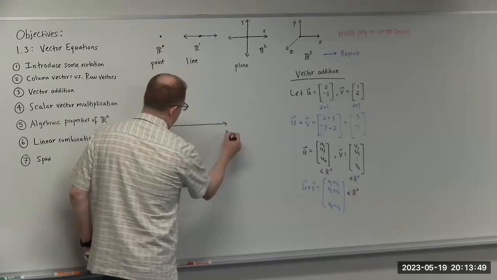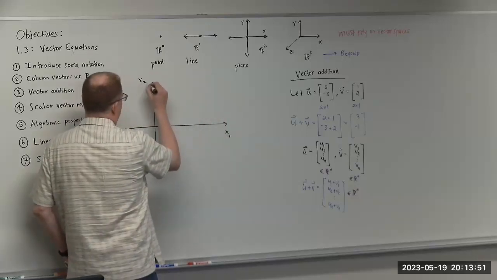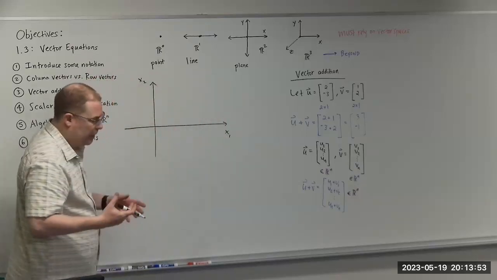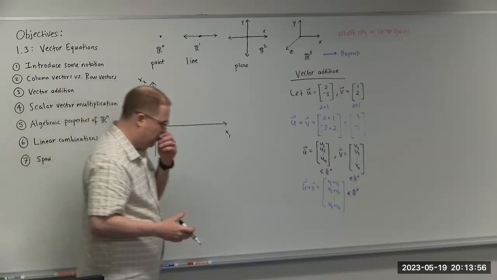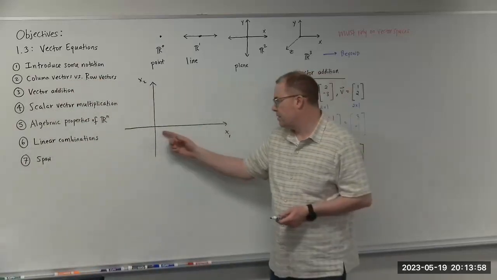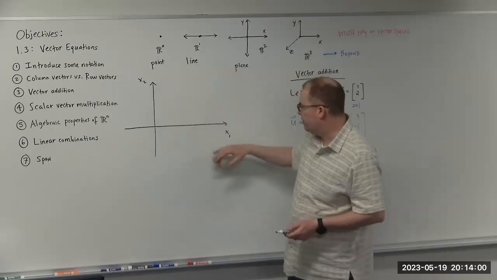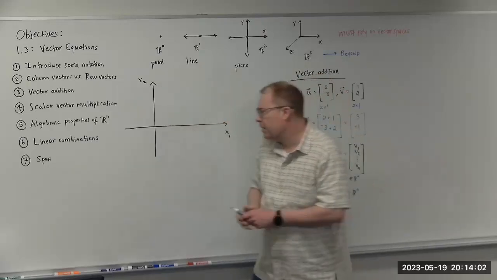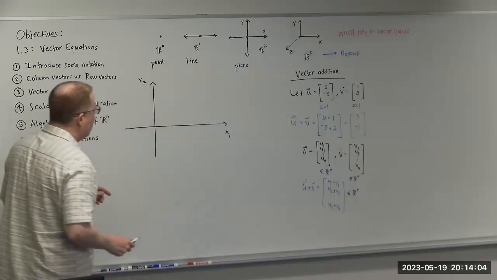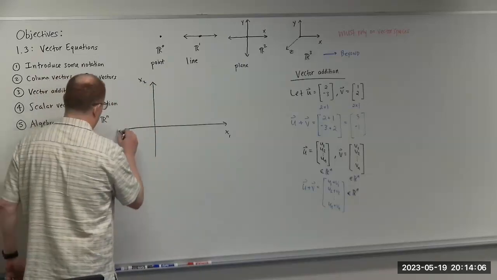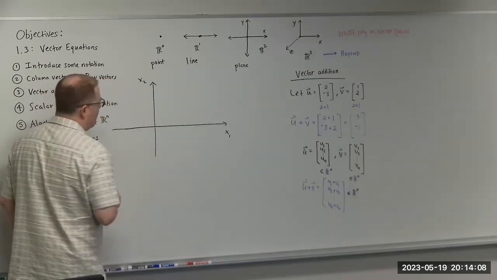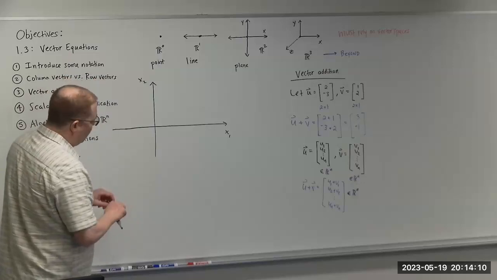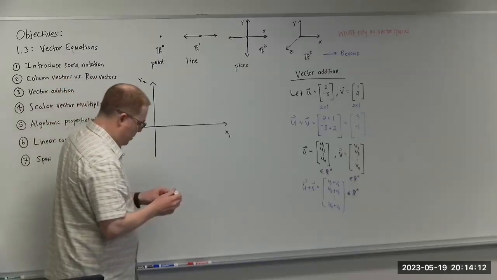So I'm going to call this x1, and this is going to be x2, because remember, in linear algebra, we typically say this is x1 and this is x2. So just think of this as x and this is y. All right, so we have 2 and -3. So I extend this a little bit more. Let's first look at the vector u.